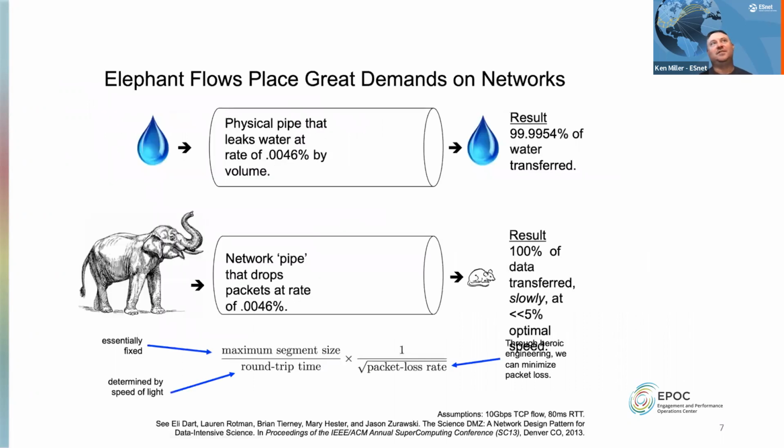As we get into this, here's a graphic I pulled from an old talk. So, water going through a pipe: if you're dropping 1 out of every 20,000 water particles out of this volume, you still get roughly 99.9% of the water through there. But on a network pipe, the data still gets transferred, but the transfer is roughly 5% of what it could be.